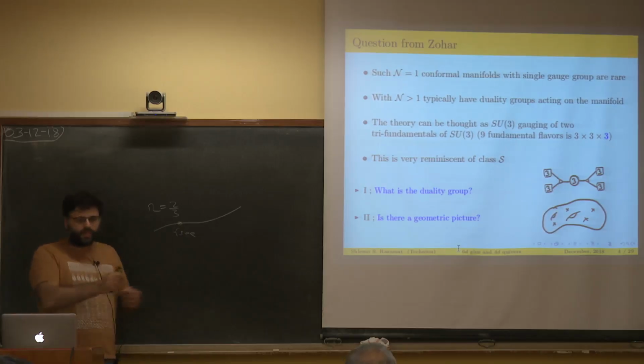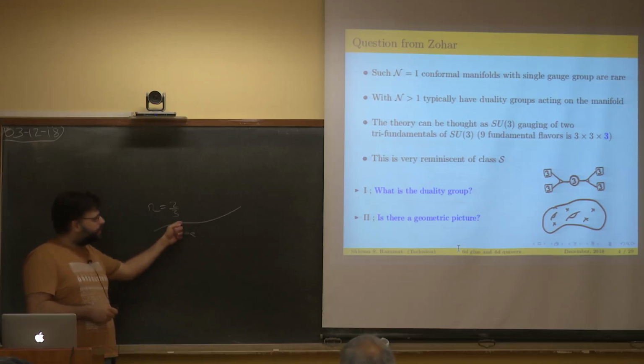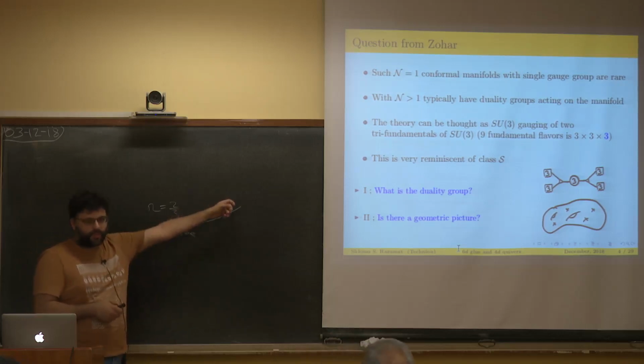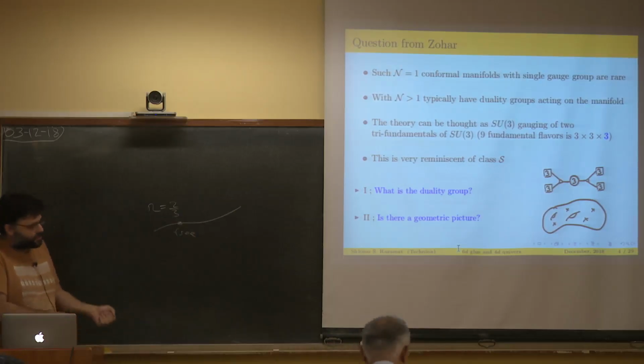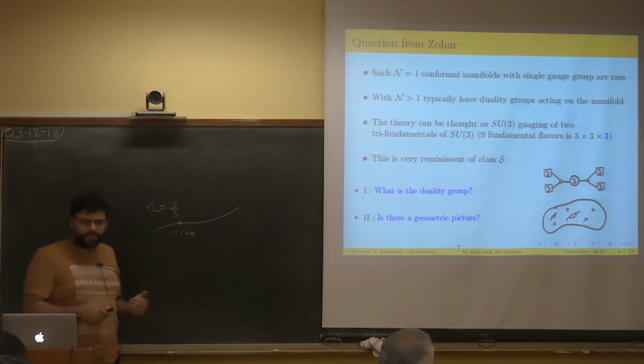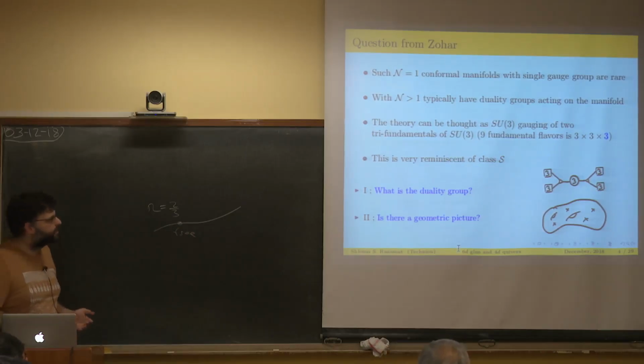So weak-strong coupling types of duality, where we have a weakly coupled theory, and then we have an equivalent description at strong coupling, which is given in terms of a dual weakly coupled gauge theory. So the question which Zohar asked me is, is there a dual description like that here? Is there a duality group acting on such a conformal manifold? So this is question number 1.